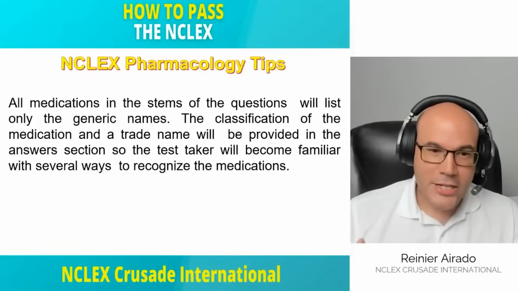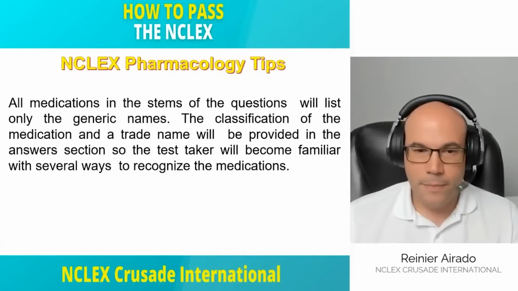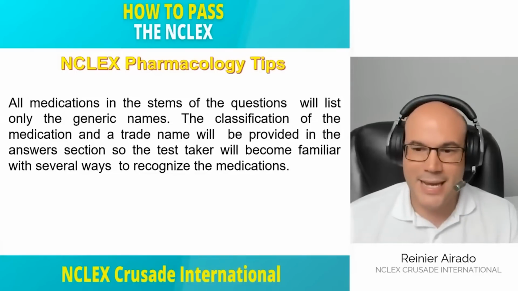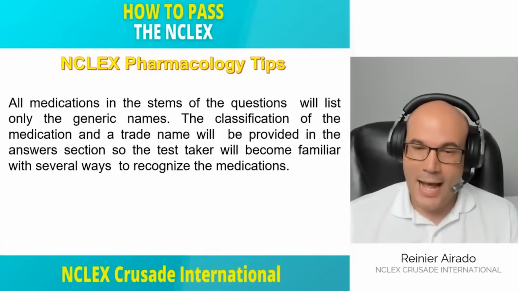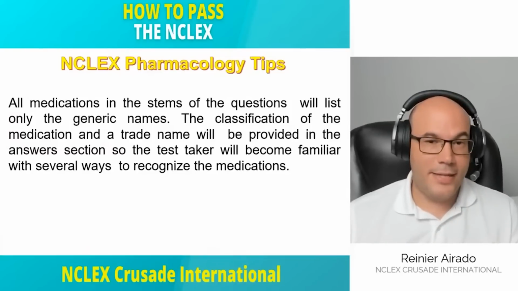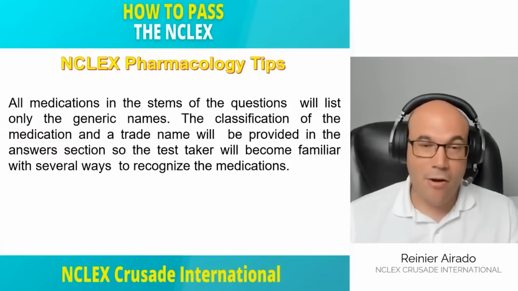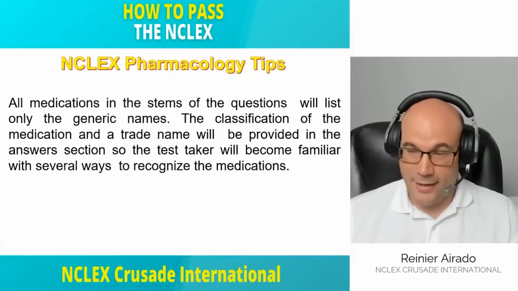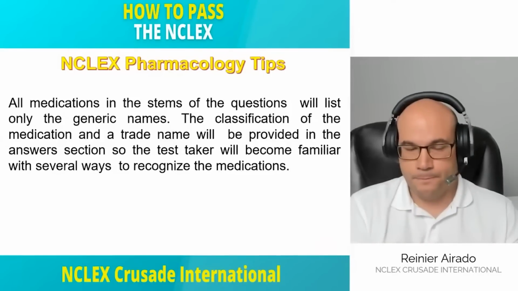A good change happened several years ago. Now, the NCLEX question will only include the generic name, not the brand name. I don't know how nursing students did it in the past, because in the past you had to know both the generic and brand name. What is the problem with that? That there are numerous brand names for one generic name.